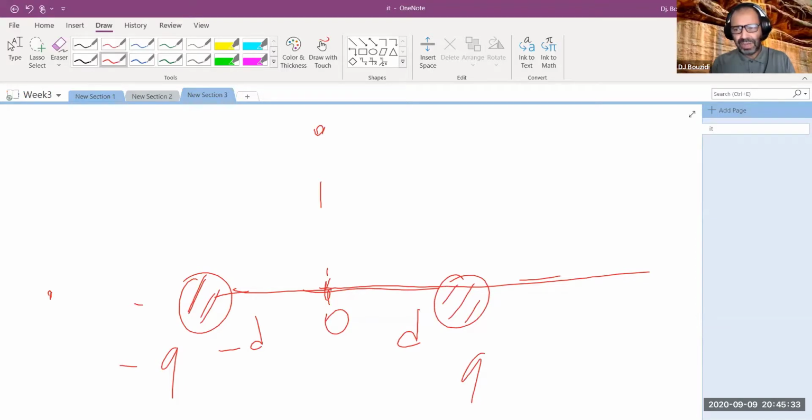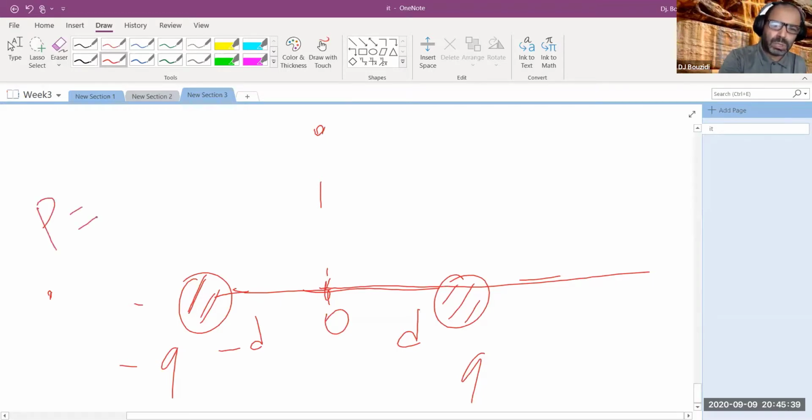That 2 divided by 2 is going to be 1, so that I don't have to carry that extra term. But remember, the dipole moment p in this case is not Q times the distance, it's Q times the distance, but the distance now is 2d. So it's Q times 2d. That is the actual dipole moment in this case.